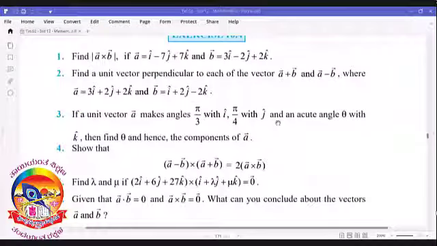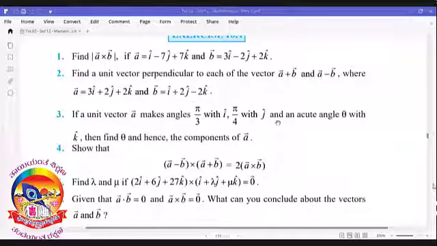And the cross product is equal to the null vector, right? What is the inner meaning of it? Fifth problem: 2i bar plus 6j bar plus 27k bar cross i bar plus lambda j bar plus mu k bar.